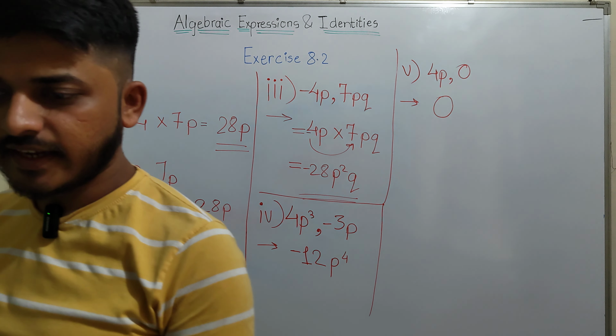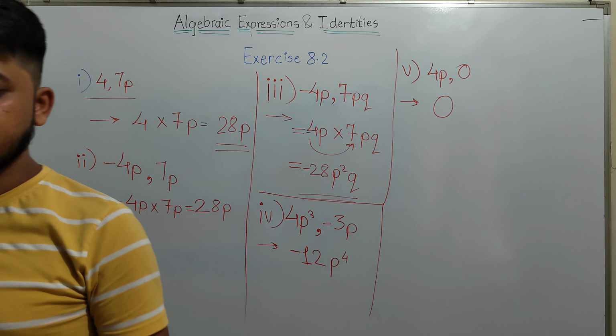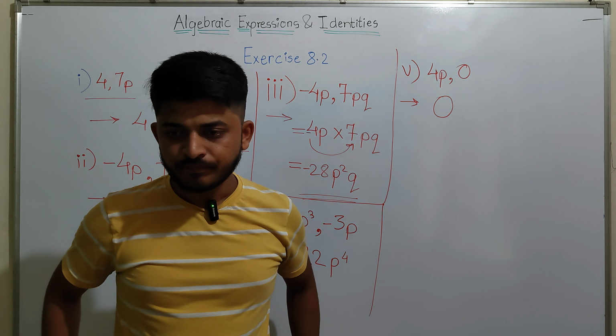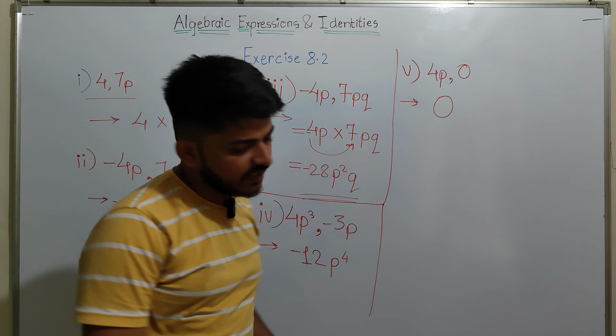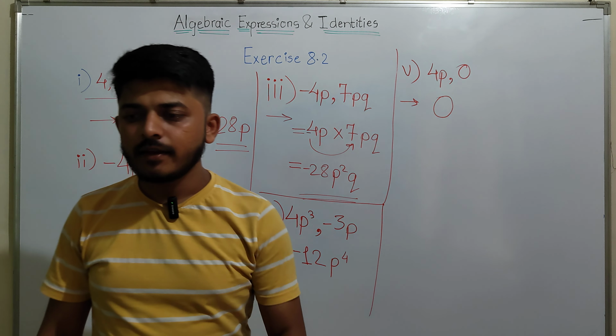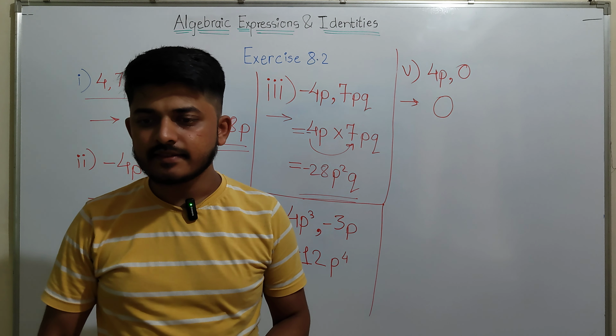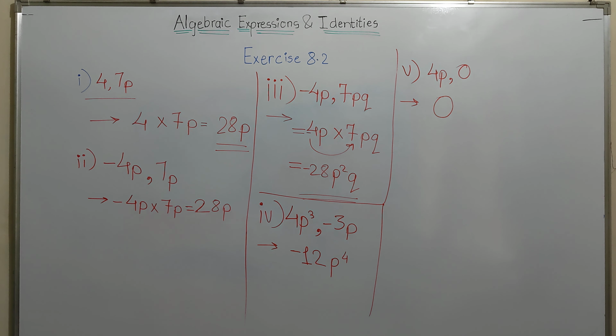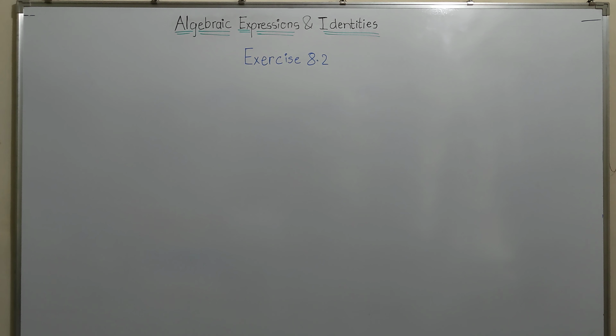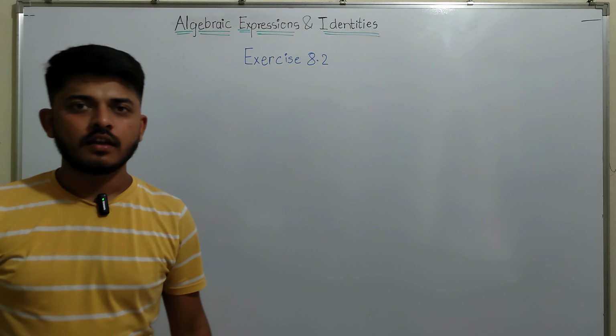Now in the second question of exercise 8.2, find the areas of rectangles with the following pairs of monomials as their lengths and breadths respectively. Now see here, while solving this, first read the question very carefully.